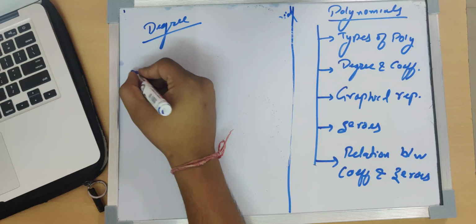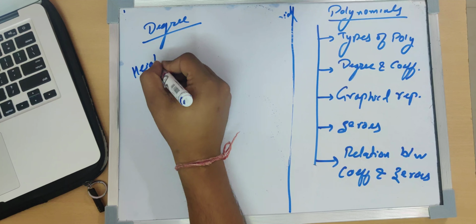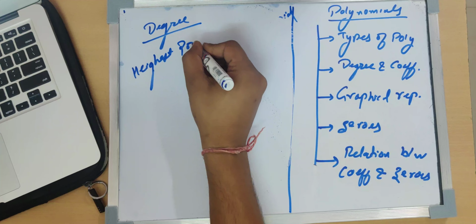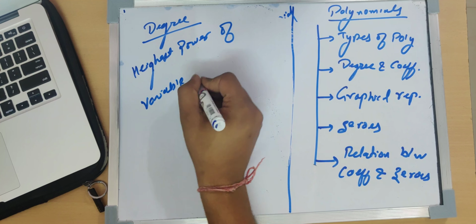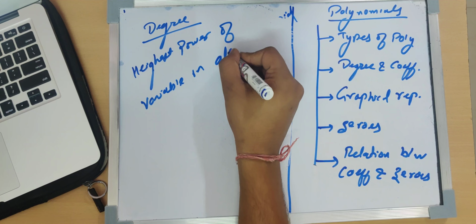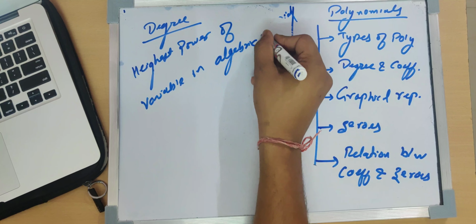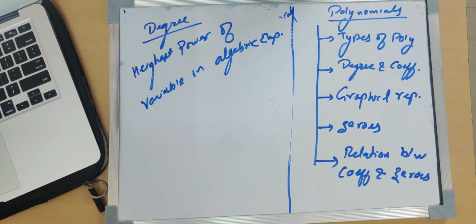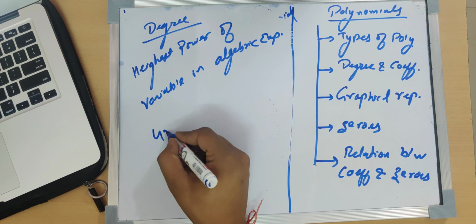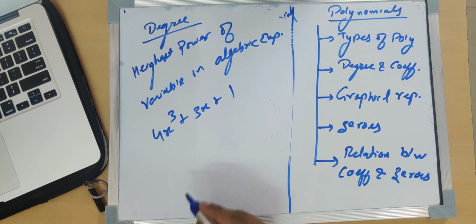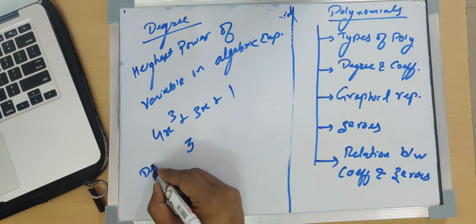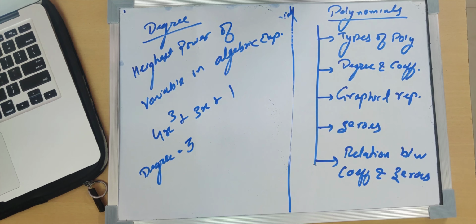It is the highest power of variable in the algebraic expression. Let's suppose I am taking an example, 4x cube plus 3x plus 1. The highest power of x is 3, hence the degree is equal to 3. So this is your degree.